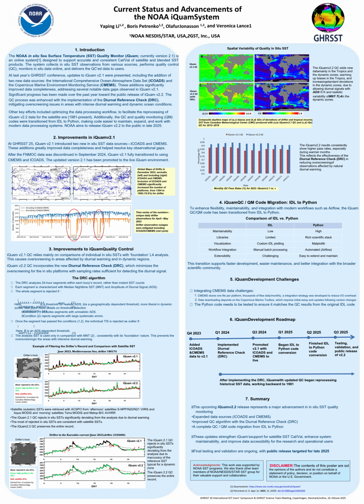Another important improvement is the new diurnal reference check, or DRC. In previous versions, we compared individual SST with daily analysis, which caused over-screening, especially in areas with strong diurnal warming.